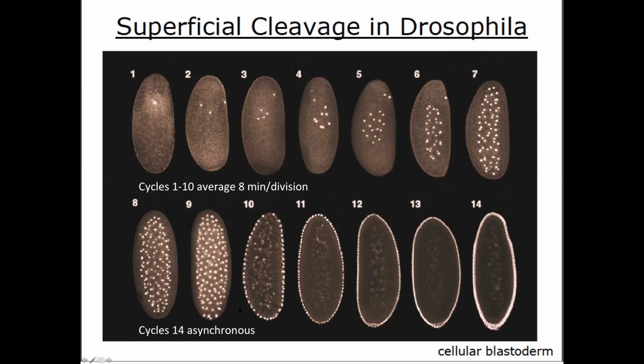And their migration, which is now not going to be towards any random direction, but particularly towards the posterior pole plasm, is indicative that things are now changing within the embryo. It's not the same between the anterior and the posterior end. So do I make sense here?